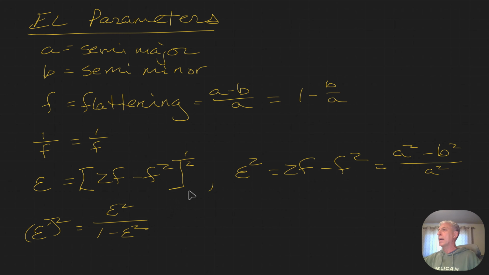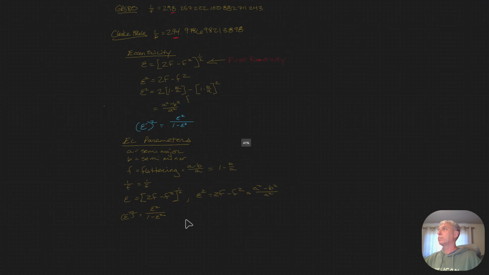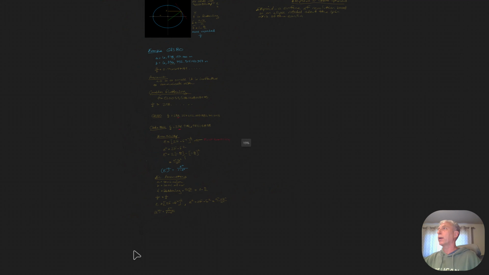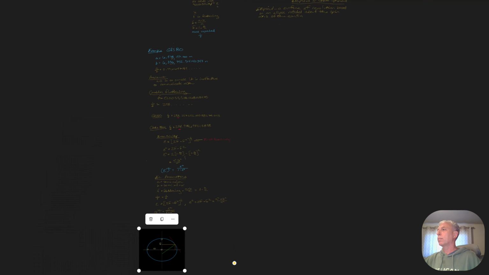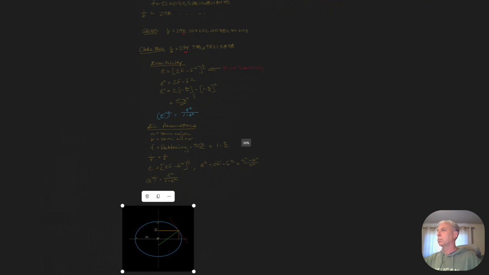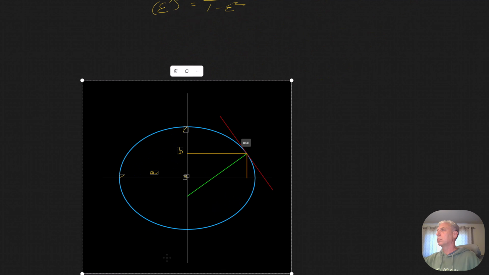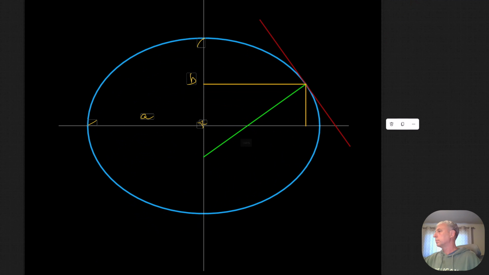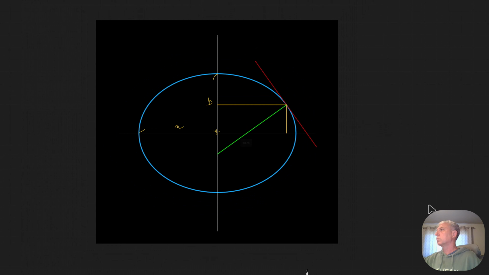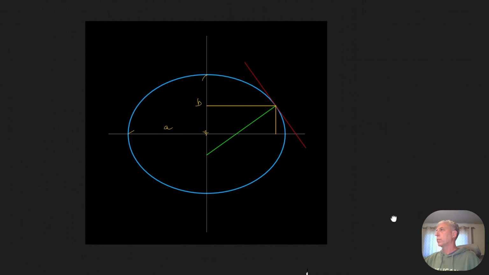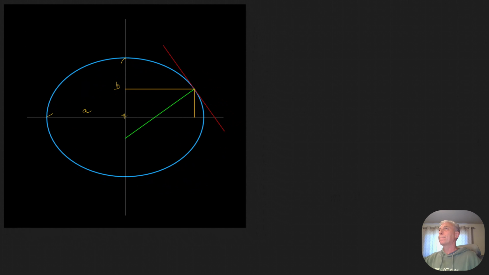So let me go back to my blank diagram, my blank ellipsoid diagram. I'll just pull it down here. There we go. What does all this mean? So we have our A and our B, our semi-major and semi-minor axes.